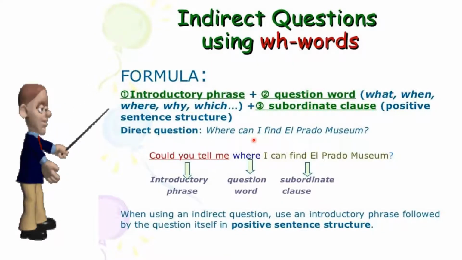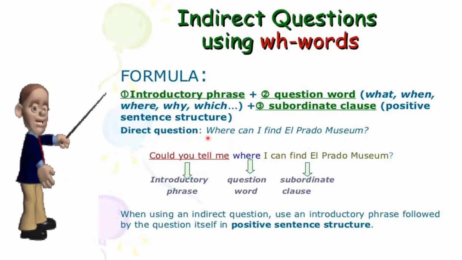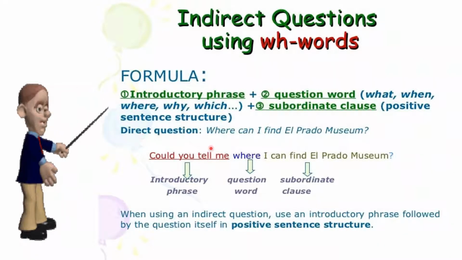Like, where can I find El Prado Museum? This is a direct question. Where can I find your house? Where can I find this object? Those are direct questions. It is not polite for the first time you meet a person to use that one.